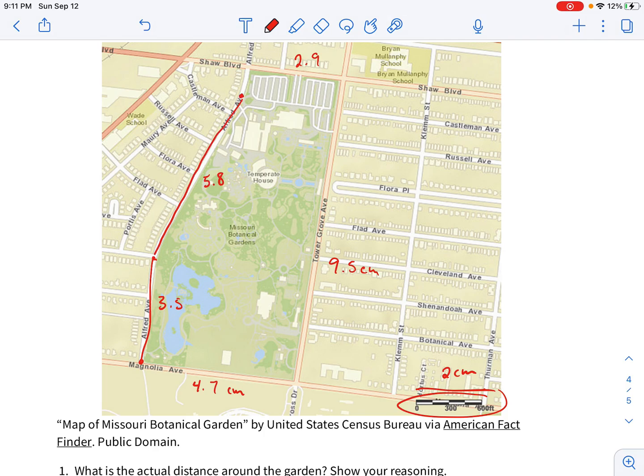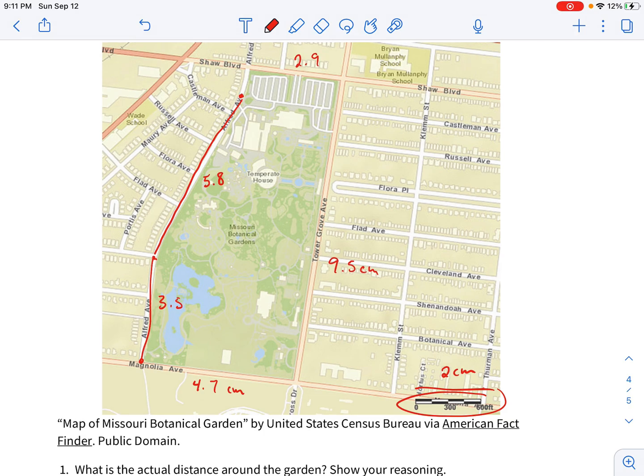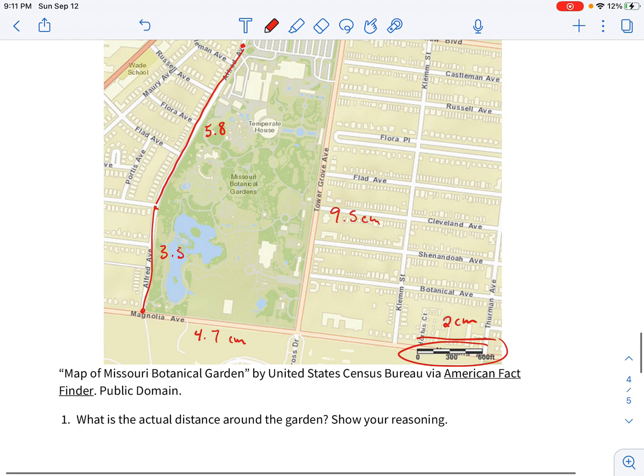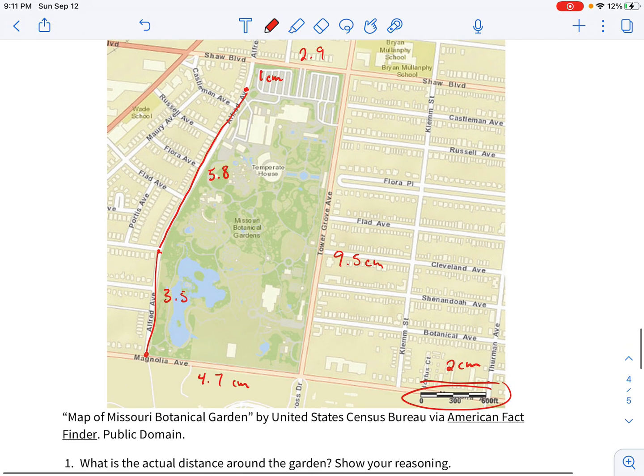From there, that's about 5.8. And that last little part is just 1 centimeter. Okay, so it asks us to find the actual distance. So now we're just going to add all these up. That's how many centimeters. And then for every 2 centimeters, it's 600 feet. Or this 300 is halfway, so that'd be 1 centimeter.